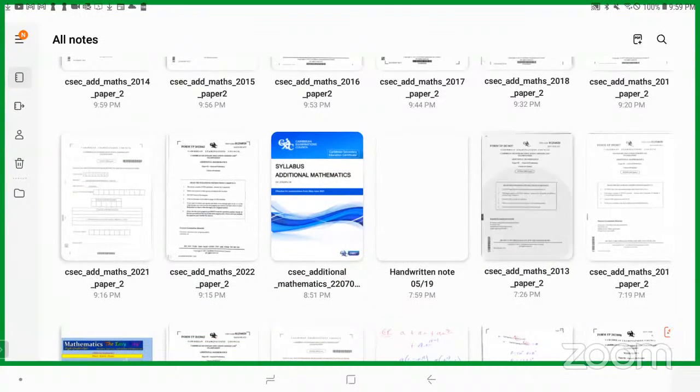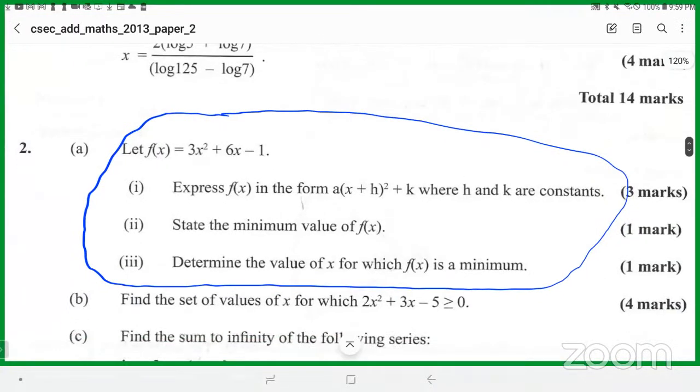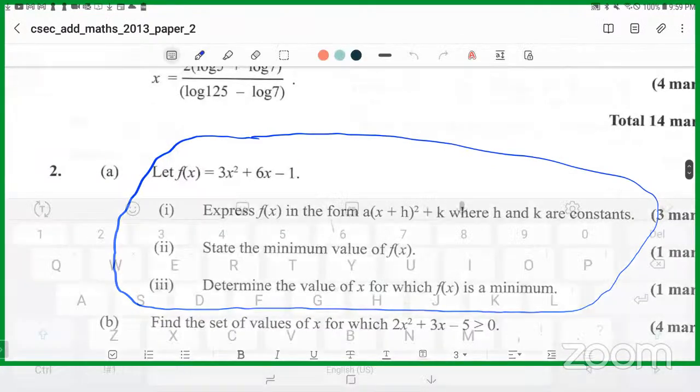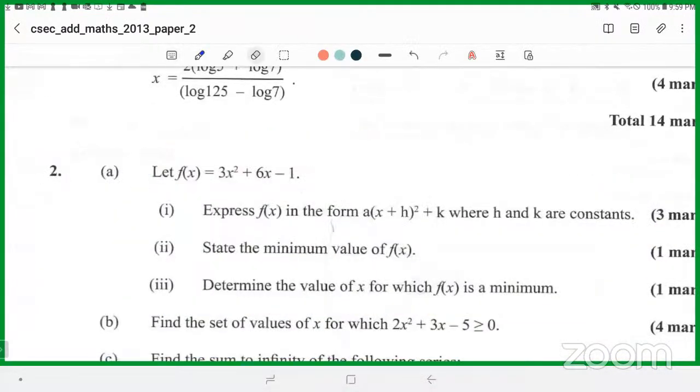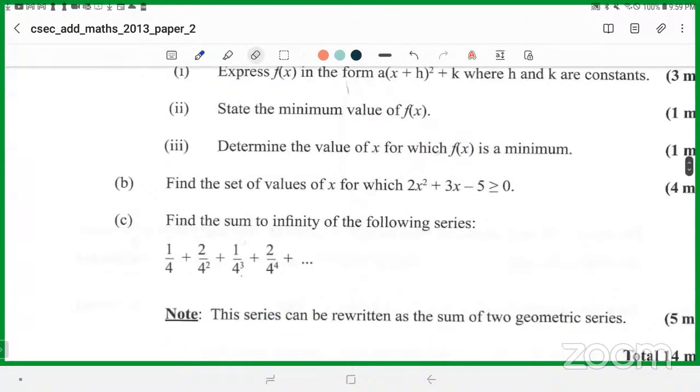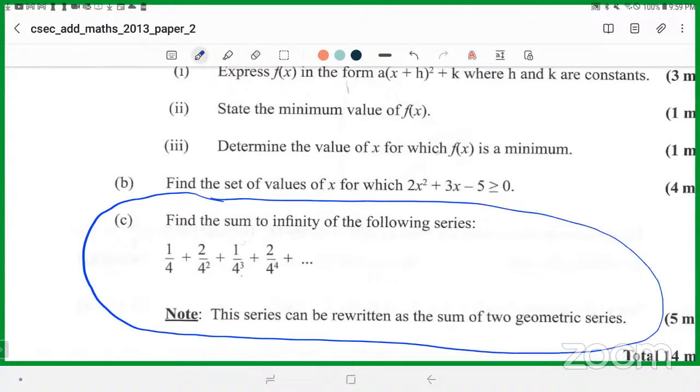2013. We have to do this. Revision is important. More maths, it was better maths every time. This one now is a series. It says find the sum to infinity of this series. And it says note, this series can be written as the sum of 2 geometric series.